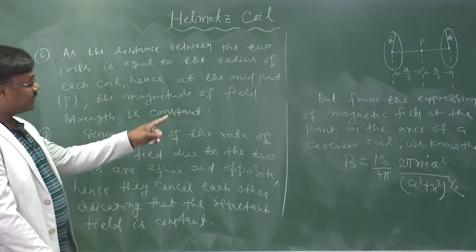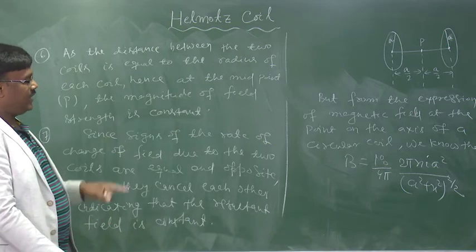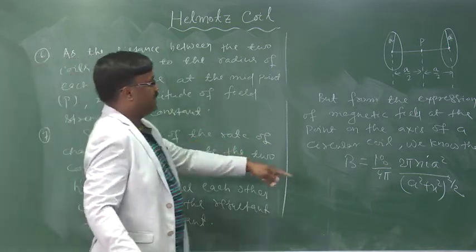Now, the net field due to both the coils at P will be double that of this one.